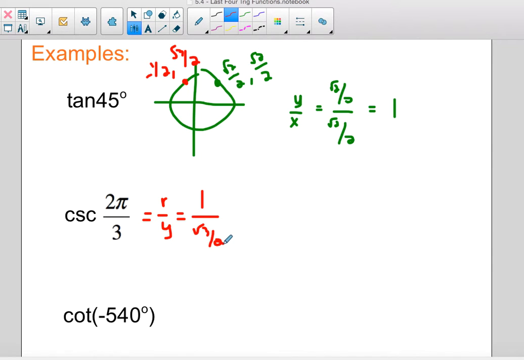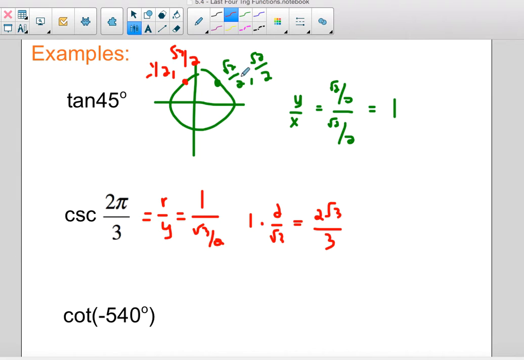Instead of dividing by root 3 over 2, you can think of that as 1 times 2 over root 3. 1 times anything is going to be that. You just want to rationalize this so that it's 2 root 3 over 3. Multiply this by root 3 over root 3 because it's the same thing as 1, so you're not changing the equivalency of anything. So you just get 2 root 3 over 3.